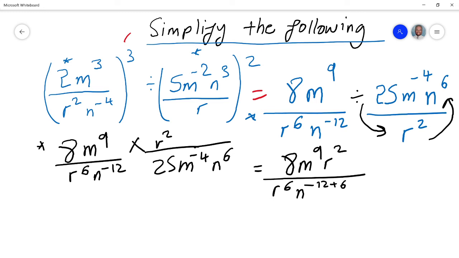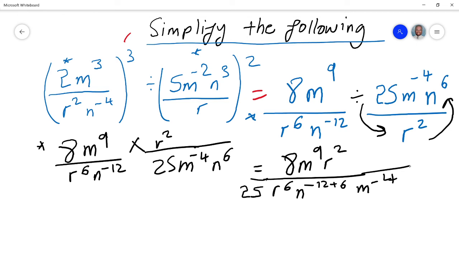So what I've really done is I've literally multiplied the numerators and the denominators, and you've got m to the power negative 4.